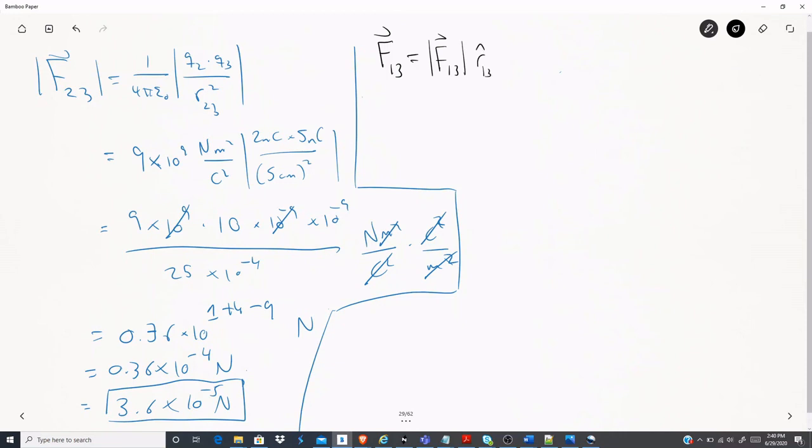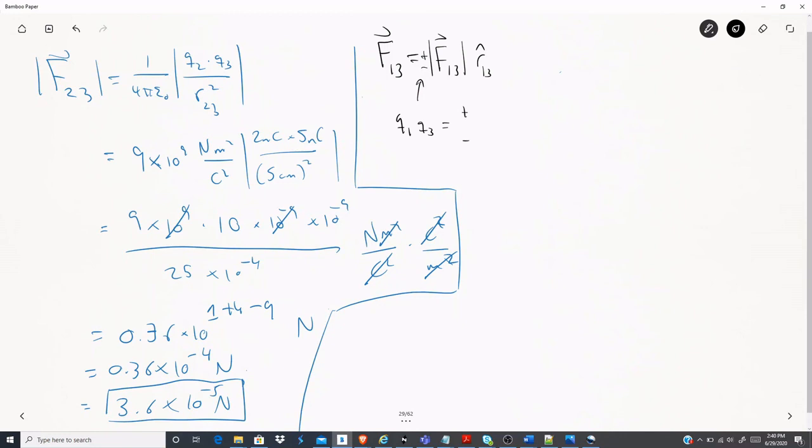I didn't write that equation explicitly, but the formula pretty much matches that, with the caveat that I get a plus or a minus here. The plus or the minus depends on whether it's an attractive or repulsive force, and that comes down to whether Q1 times Q3 is positive or negative.